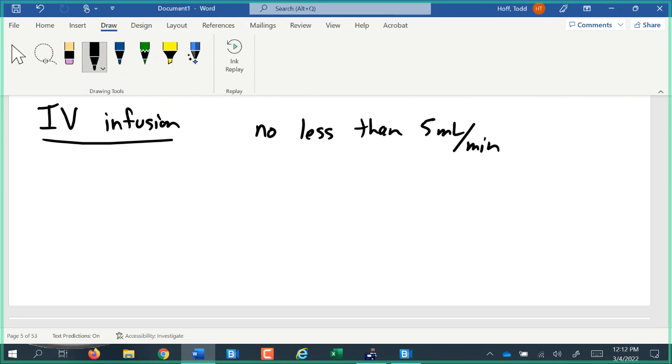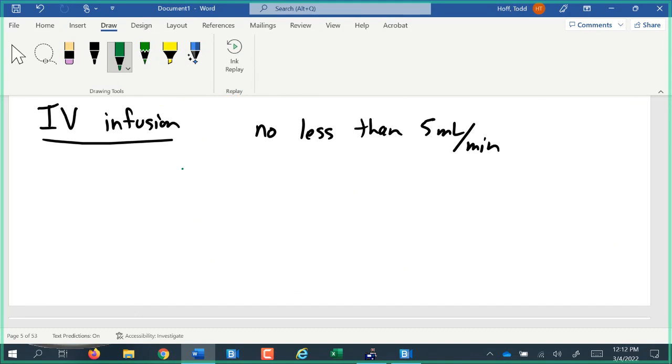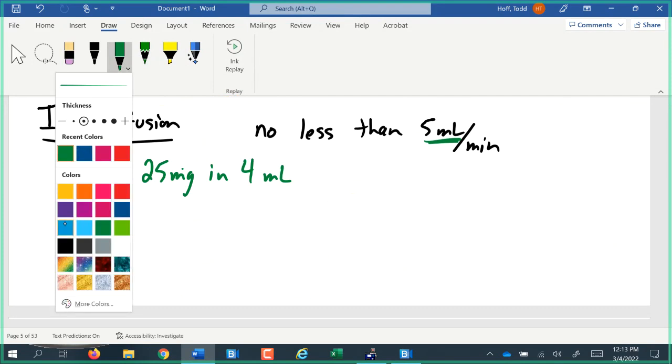Well, if our patient can only handle a certain amount of medication per hour, let's say that we have a concentration here of 25 milligrams in 4 milliliters of medication, that would mean that the minimum dosage here, we're going to use our dimensional analysis.